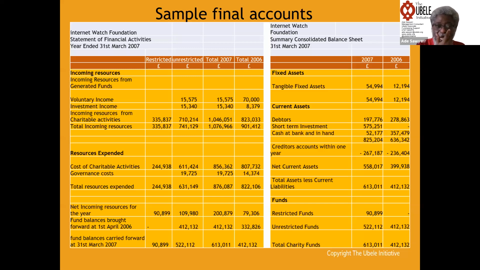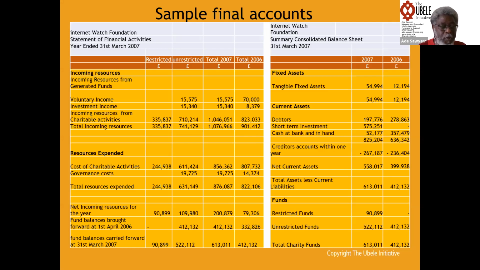In this case, it's £1,076,966, and essentially it's broken down between restricted funds, that's funds you must use for particular things that you've applied for, and unrestricted funds where you have a free hand in terms of how you use the fund.